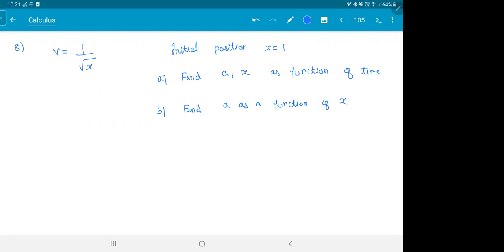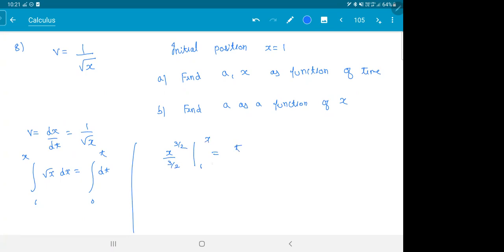See, you can write v as dx by dt, which is 1 by root x. So you get root x into dx is dt. Integrate. This goes from 1 to x, this goes from 0 to t. This would be x power 3 by 2 by 3 by 2, limits 1 to x, is t.